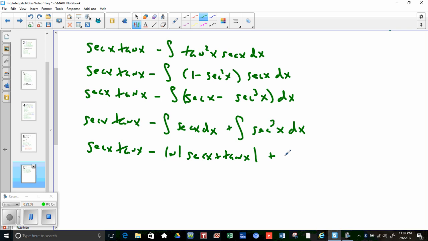I did something else wrong, didn't I? Shoot. Okay, easy to fix. Apologize again for the mistakes. This is backwards. It should be secant squared x minus 1. Okay, so that makes that a secant cubed. That makes that one just a secant.